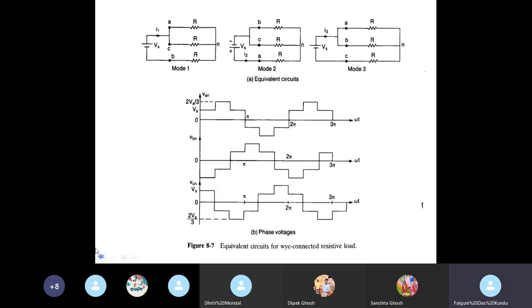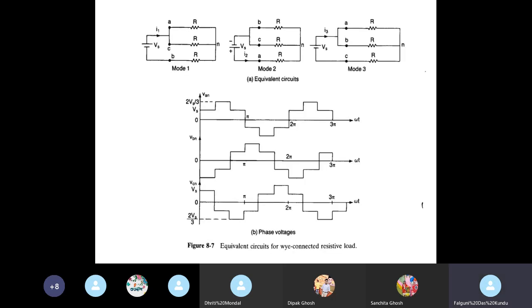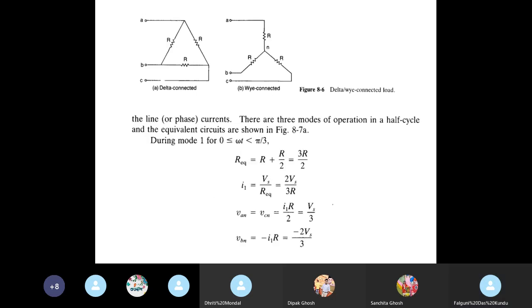So in this phase voltage, when omega t is 0 to pi by 3, the value of VAN is nothing but Vs by 3.